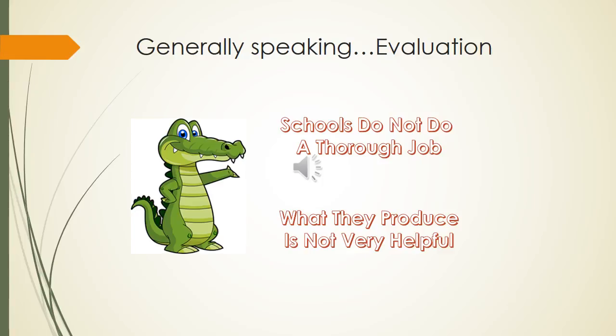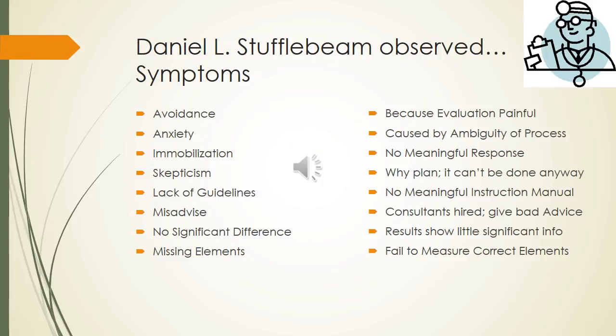And again, I think that this comes back from a lack of understanding of what evaluation is and how it's supposed to be done. Daniel Stufflebeam has, I think, crystallized what the concern about evaluation really is in his 8 symptoms of evaluation. And he says, first of all, people avoid evaluations or those on-site visits by the Department of Education.